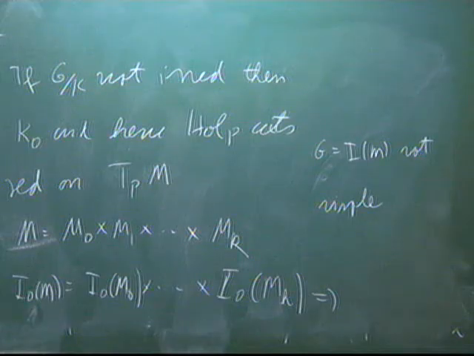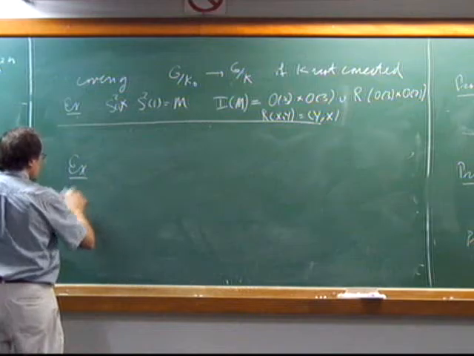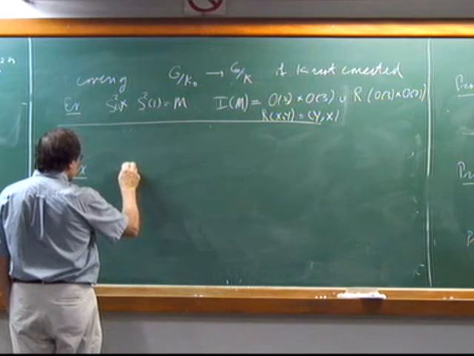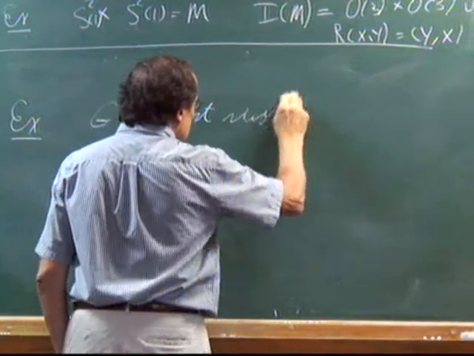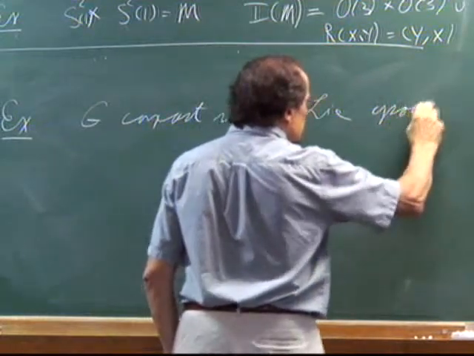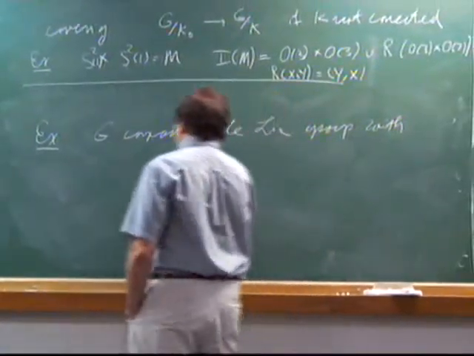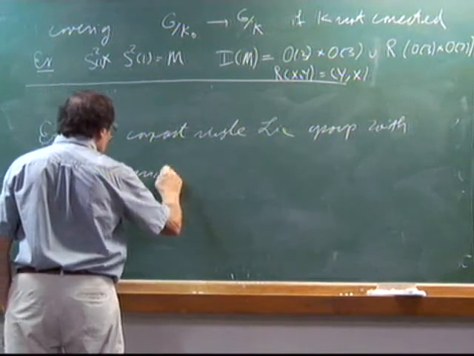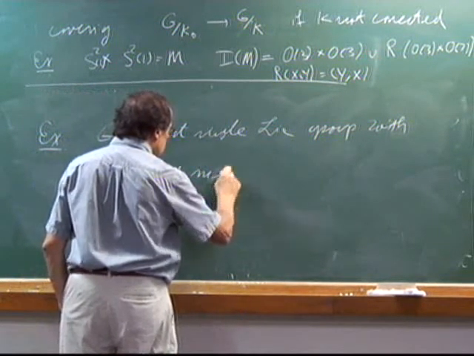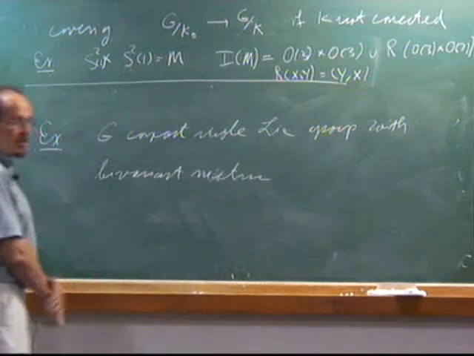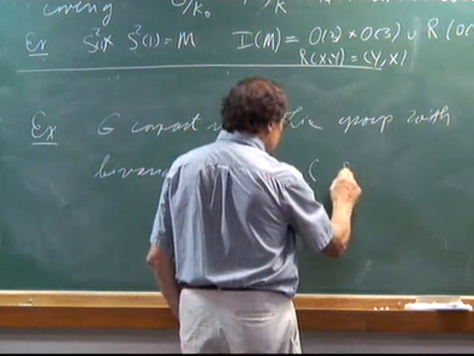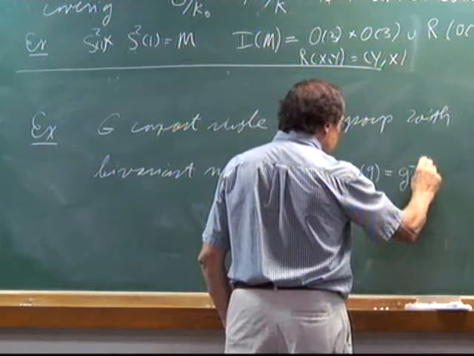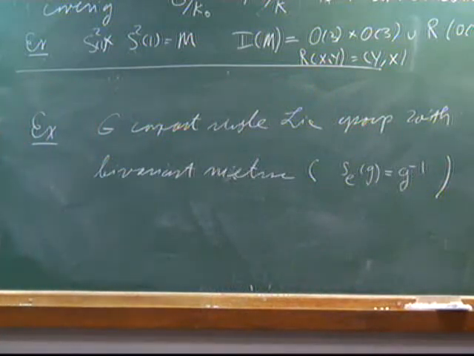On the other hand, we should think of the following example. I take G as a compact simple Lie group with a bi-invariant metric. So we know these are symmetric spaces, as we discussed earlier. The symmetry at the identity was g goes to g inverse. And since it's clearly homogeneous, it has a symmetry everywhere, so it's symmetric.